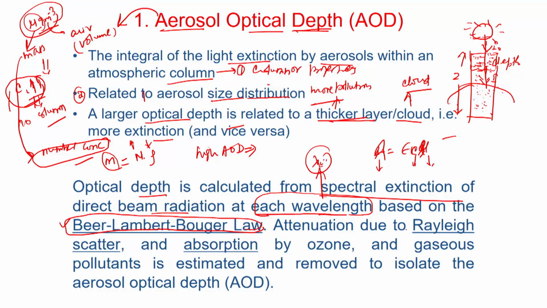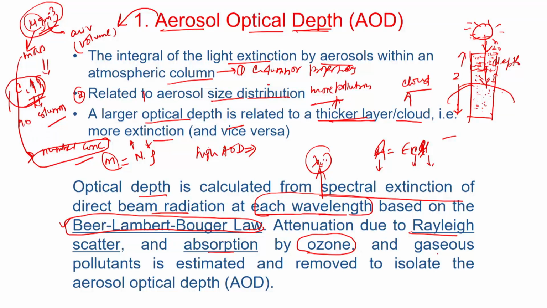Attenuation could be due to Rayleigh scattering or absorption by ozone. This is very important. I talked about how scattering and absorption could be due to either particulate matter or the gaseous species that are present. So attenuation could be because of scattering or absorption, or both.